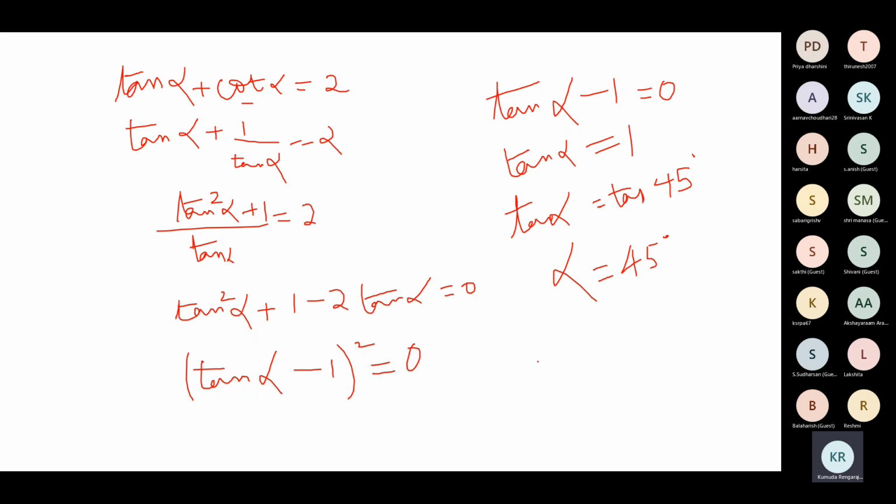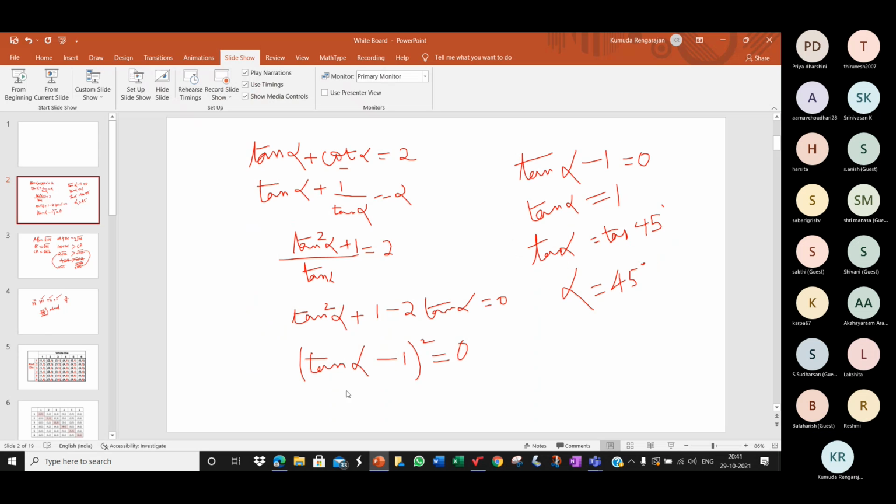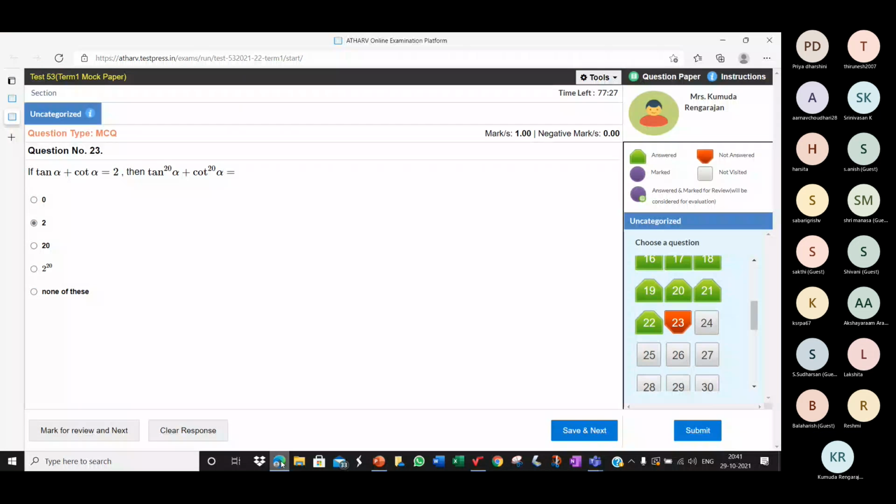Understand this, children? Alpha is 45 degrees. Yes, ma'am. Okay. So alpha is 45 degrees.